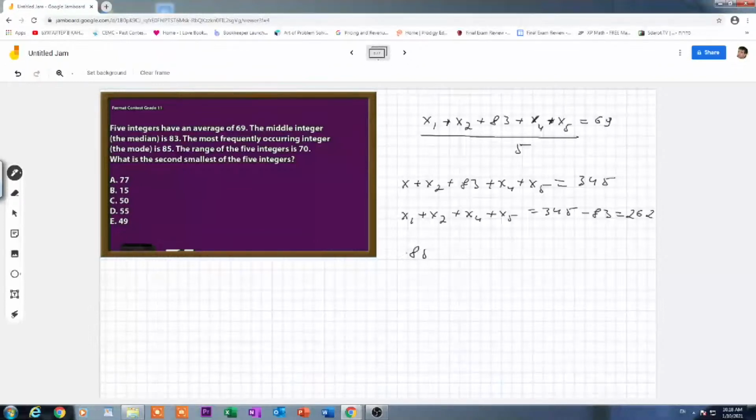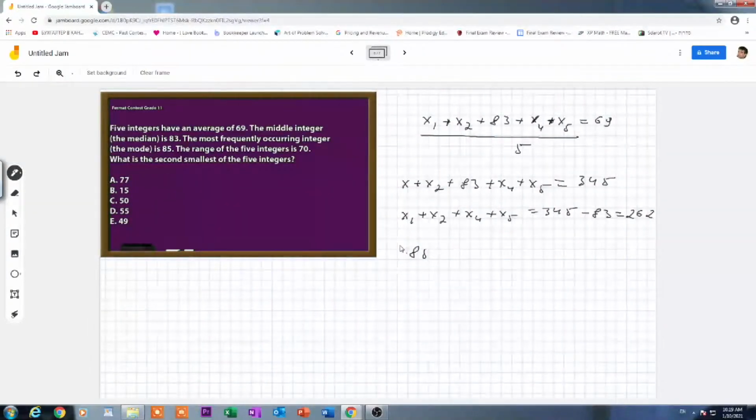So 85 plus 85 plus 85 plus x5 equals 262, right? Sorry, I'm applying wrong logic here, right?